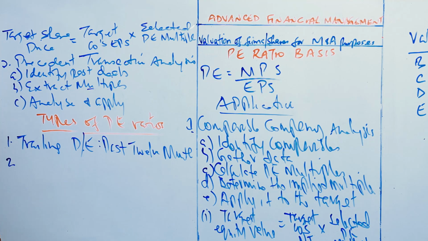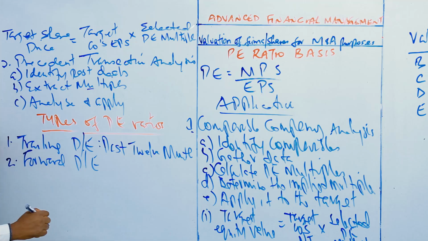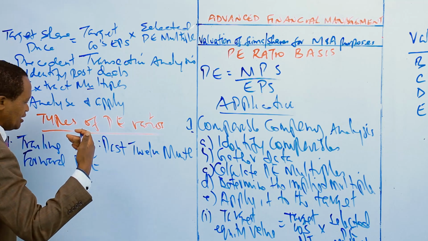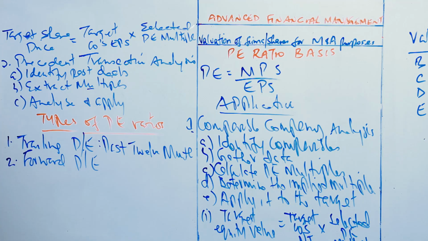The second type of PE ratio that may be used is forward PE. Forward PE ratio. This one uses analysts' forecasted earnings for the next 12 months.